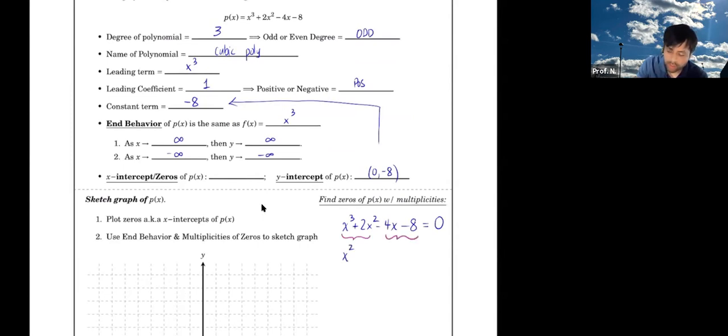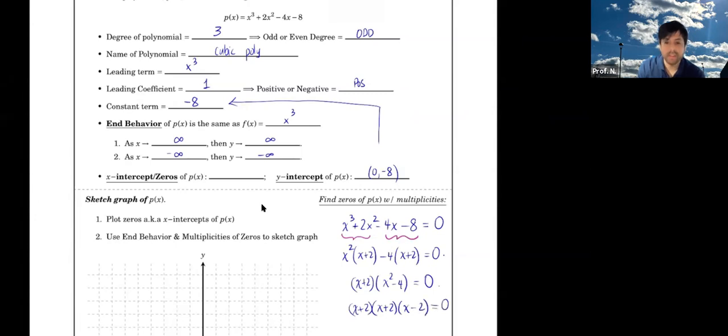We get x squared times (x plus 2), minus 4 times (x plus 2), equals 0. And we get the same thing. We get (x plus 2)(x squared minus 4) equals 0. And then we get (x plus 2)(x plus 2)(x minus 2) equals 0, correct?